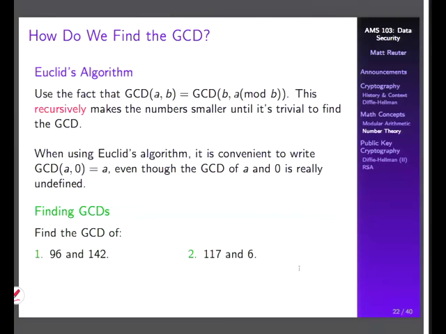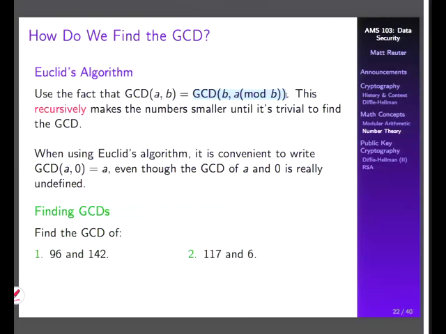The way this algorithm works is that if we want to know the greatest common divisor of two numbers a and b, that's equivalent to the greatest common divisor of b and a mod b. Whatever our values a and b are, if we don't know that greatest common divisor by simple inspection, we can flip this around.